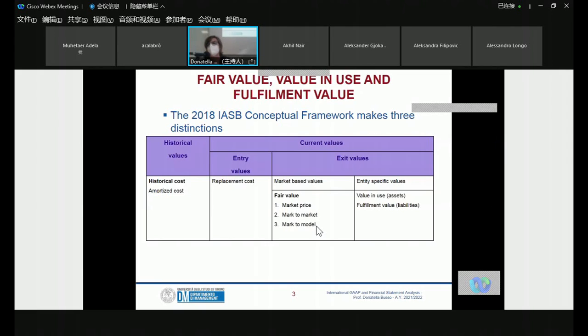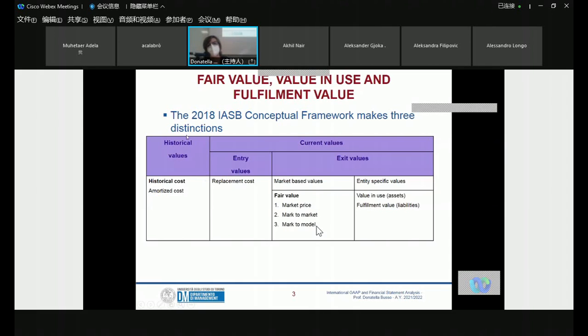Keep in mind that the conceptual framework is not a standard, so it's not the framework that defines when the fair value, the historical cost, and so on must be used. The framework simply states that there are many important measurement bases.